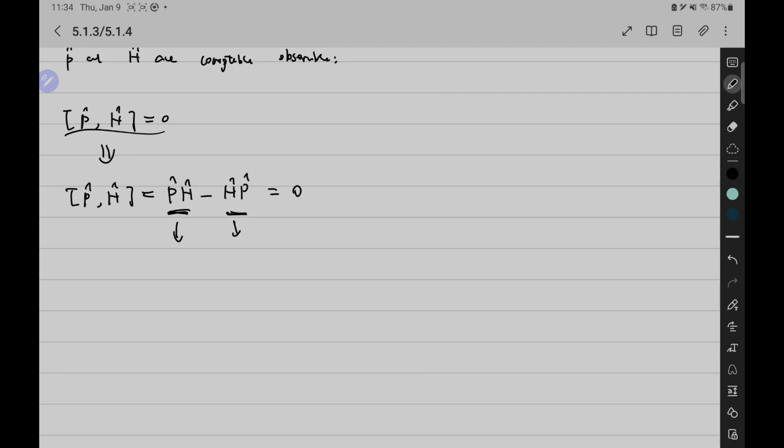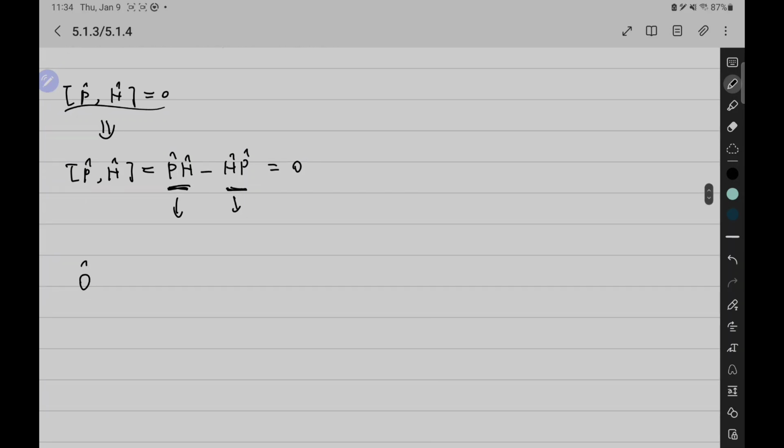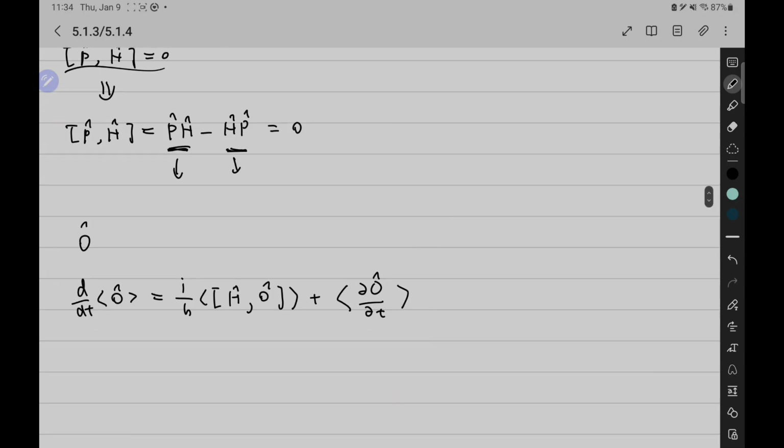Another very important thing to talk about is, if we have some operator O, the time evolution of the expectation value of operator O, d/dt of the expectation value, is given by the formula i times the expectation of the commutator of the Hamiltonian H and O, plus the expectation of the partial derivative of O with respect to time.